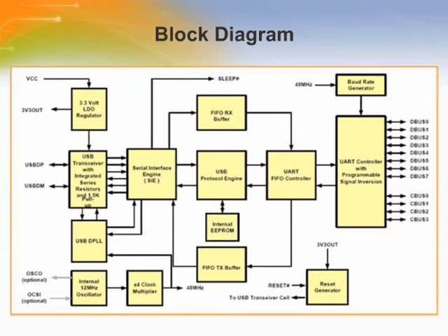The USB protocol engine manages the data stream from the device USB control endpoint. Together with the universal asynchronous receiver transmitter first in first out controller, the universal asynchronous receiver transmitter controller handles the transfer of data between the first in first out RX and first in first out TX buffers and the universal asynchronous receiver transmitter transmit and receive registers.